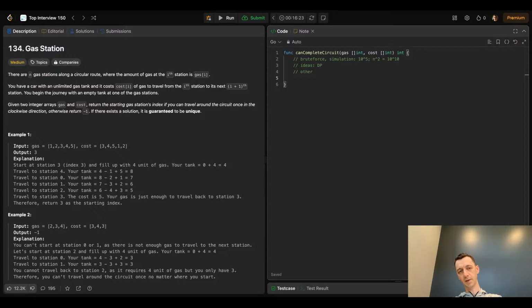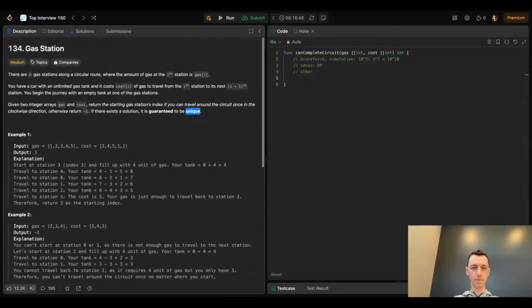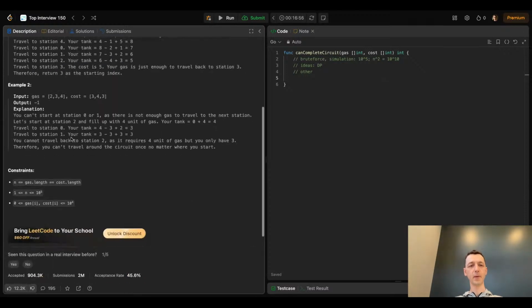Well, that would be easy. But that's not going to be the case in this problem. Mainly you need to start with one of the positive ones.